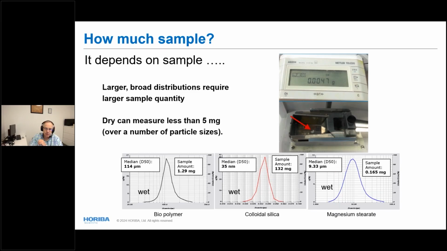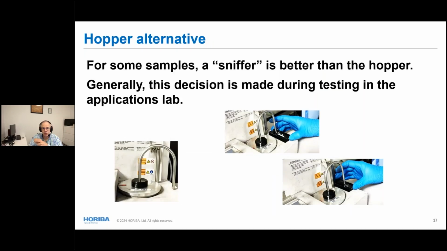If the hopper gets to be an issue, we also have a sniffer option where, rather than try to feed the particles in automatically, particularly if they don't feed well, you can use a vacuum effect to pull the particles off of a notched tray, and that's what's shown here.